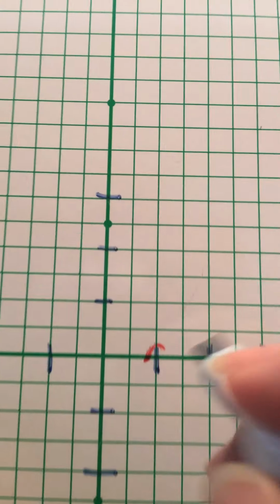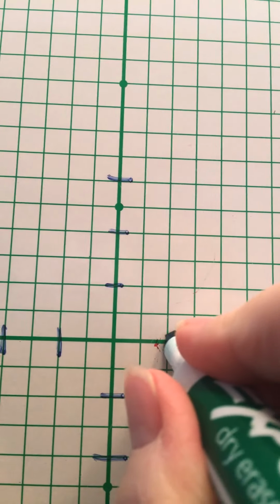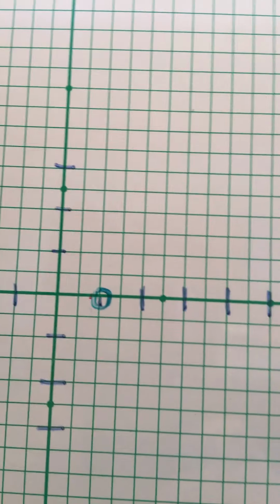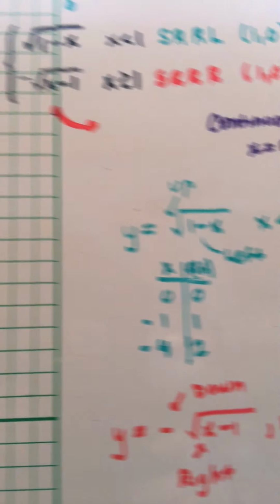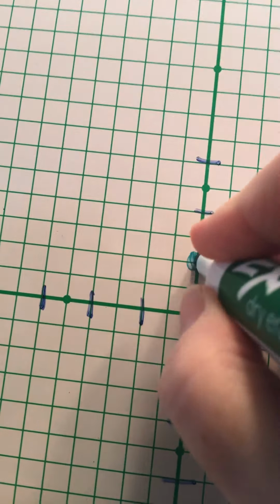It's currently open. So that's an open circle. And I'm going to go left 1, up 1. And I'm going to go left 4, up 2. 1, 2, 3, 4. And I'm going to draw my square root.